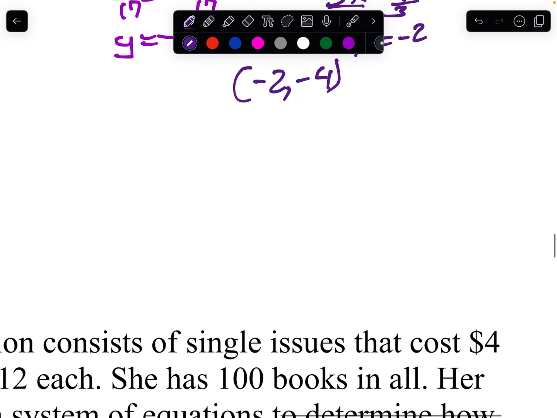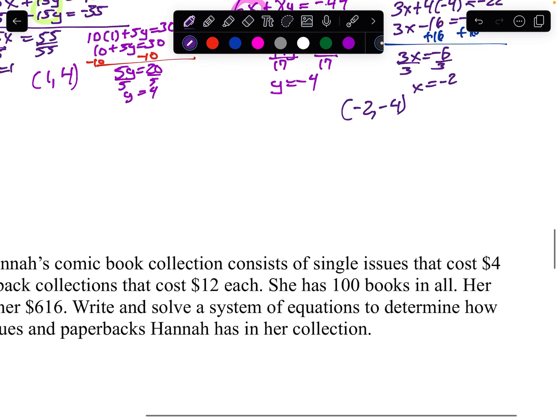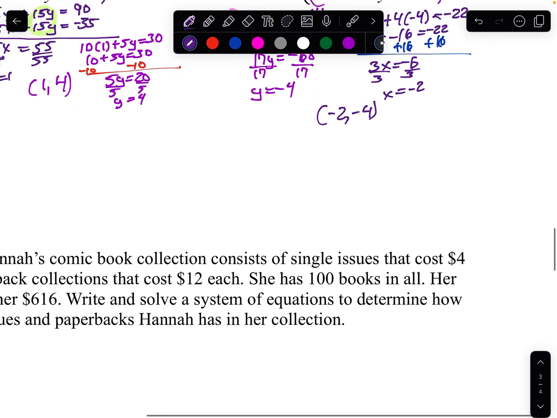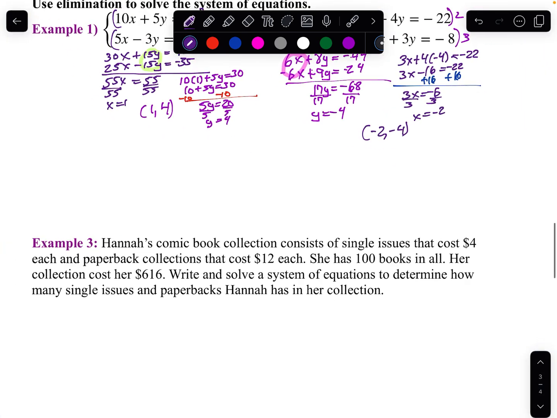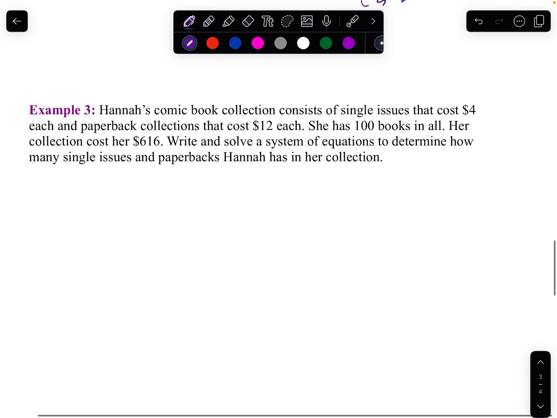Let's take a look at an application problem and kind of generalize this out to what we're going to do. So we have Hannah's comic book collection consists of single issues that cost $4 each and paperbacks that cost $12 each. She has 100 books in all. Her collection costs $616.